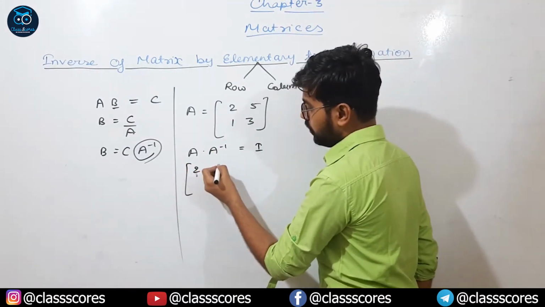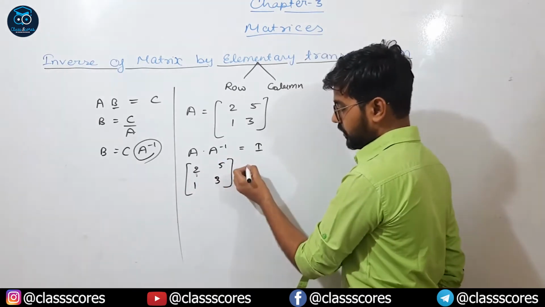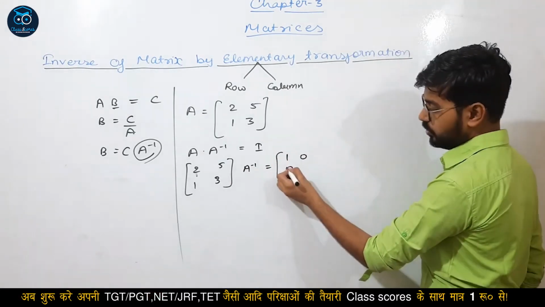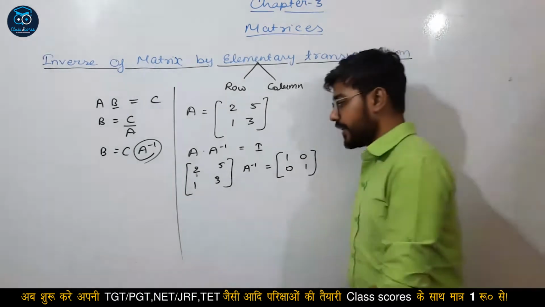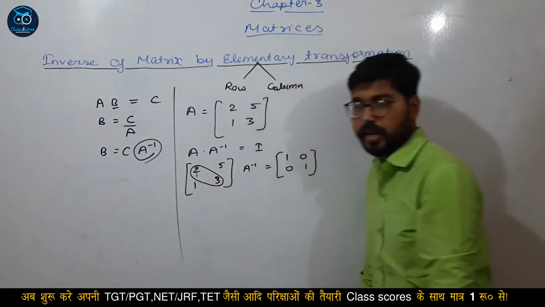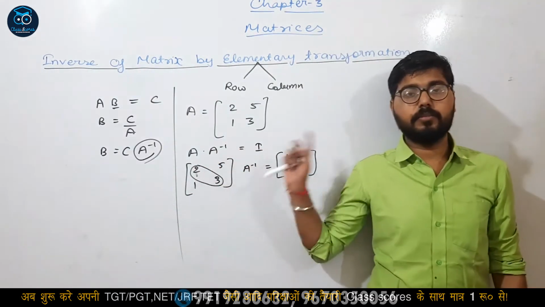Here we know the value of A, that is 2, 5, 1, 3. A inverse is unknown, we need to find it, and the value of I is 1, 0, 0, 1. Clear?